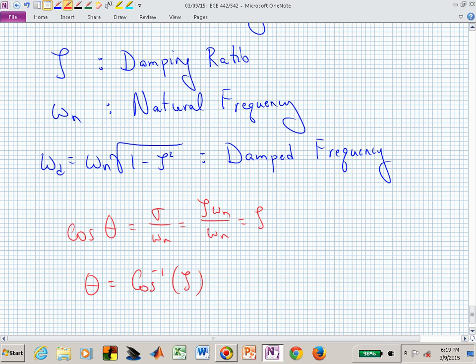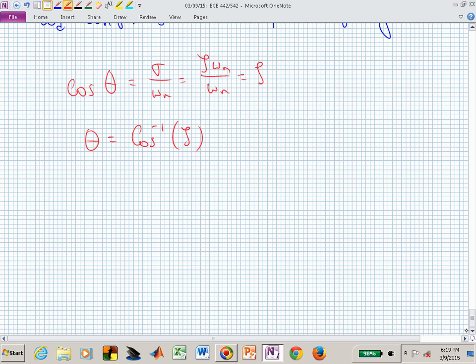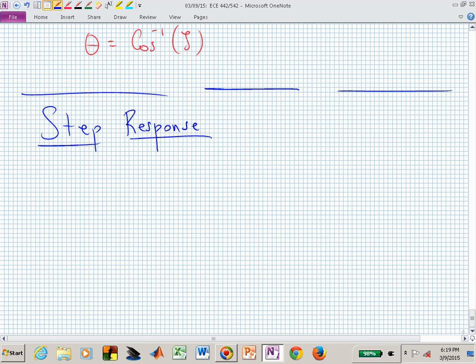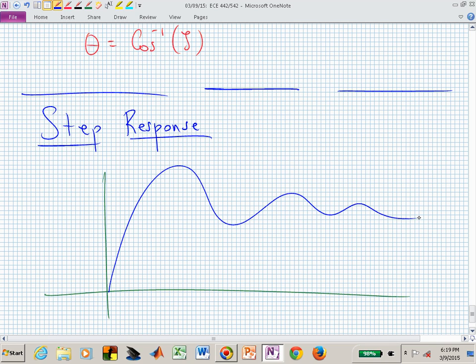That being given, let's now look at some of these time domain properties or transient response characteristics relative to these pole locations in the complex s-plane. If we were to generate a step response for an underdamped system, it might look like that.